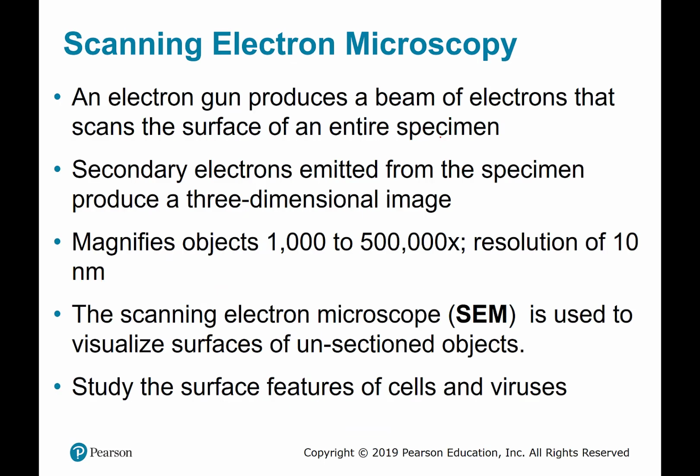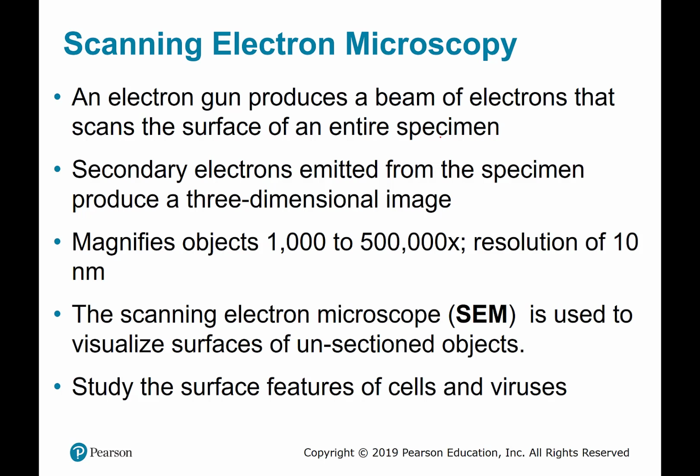With scanning electron microscopes, again, you're using a finely focused beam of electrons. However, the specimen now is going to be covered with a thin coat of gold or some other metal, and when the electrons strike that specimen, you're going to knock loose showers of electrons that are captured by a detector.